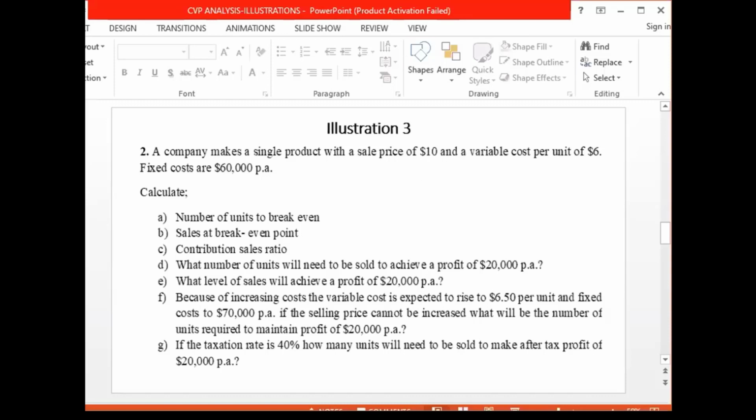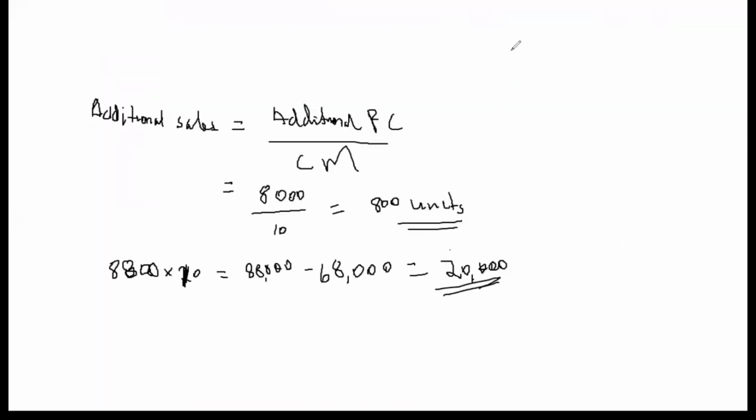So number of units to break even. Break-even point in units is equal to fixed cost over contribution margin. Our fixed cost is 60,000.